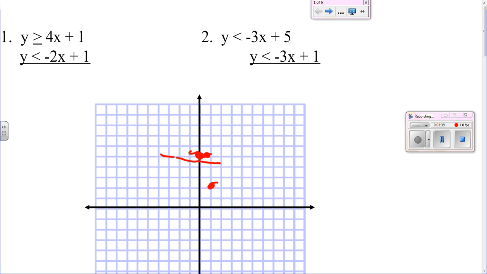Make a dot right there. Then it's a dotted line. And you're going to shade below it. So you can even hold off on the shading right now until we do the second line.